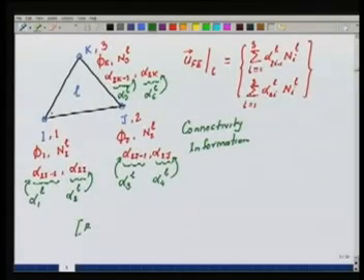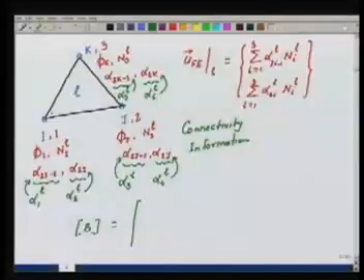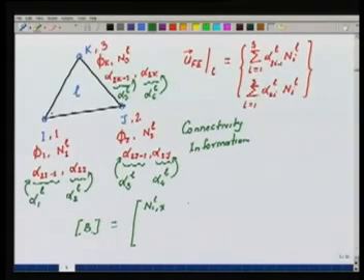So, what is the B matrix at the element level? Remember that I am taking as an example a piecewise linear problem. It will be N1 of the element comma x, 0, N2 of the element comma x, 0, N3 of the element comma x, 0.